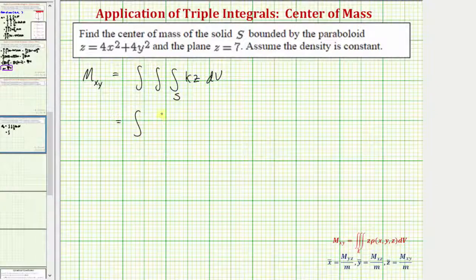So we'll have the triple integral. The integrated function is going to be k z r dz dr d theta, and limits of integration are going to be the same as the ones we use for the mass.